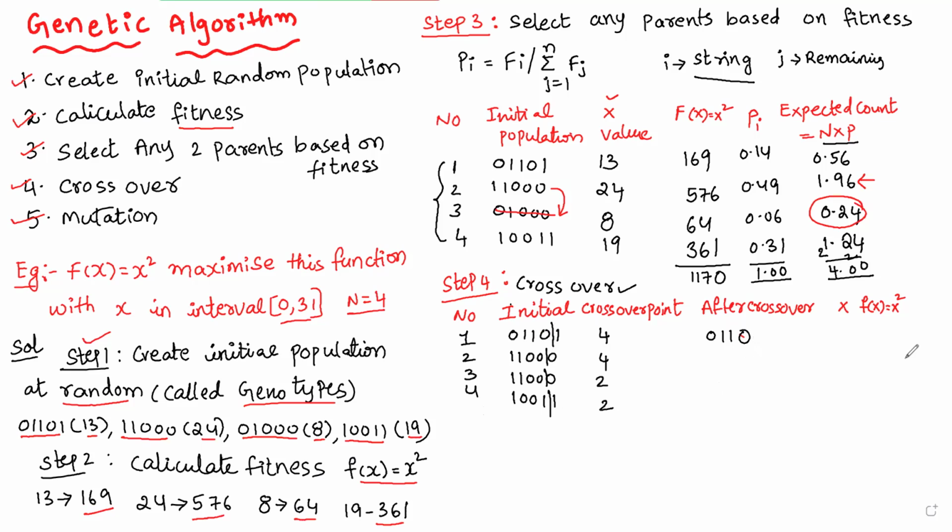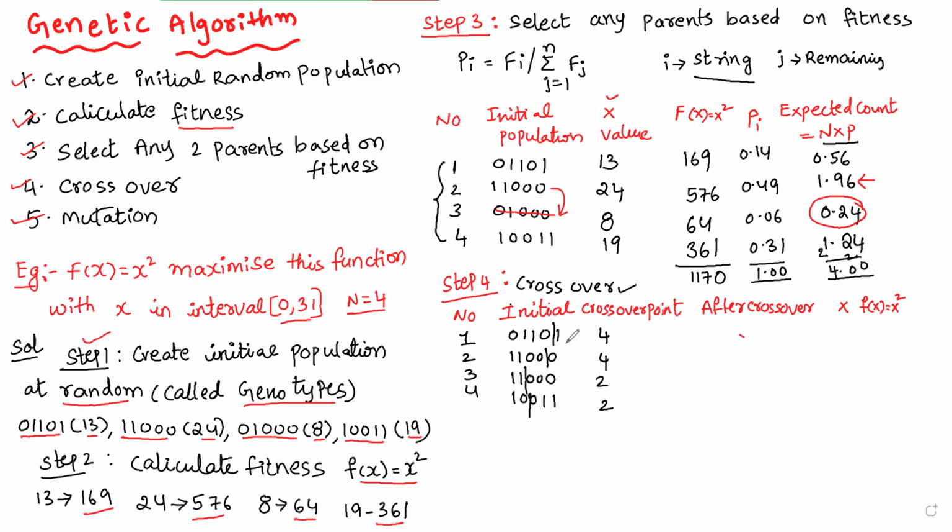Here, when I say crossover point 4, you calculate from the left side: 1 2 3 4. So this is okay. Here also, this is okay. But when I say 2, this is this part, this place.